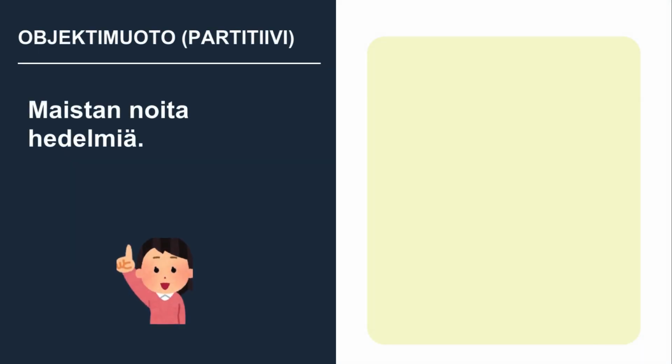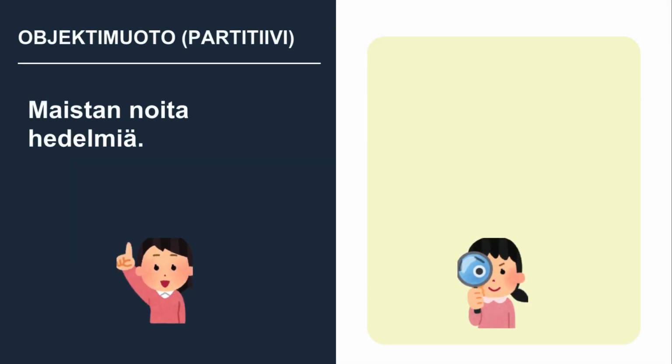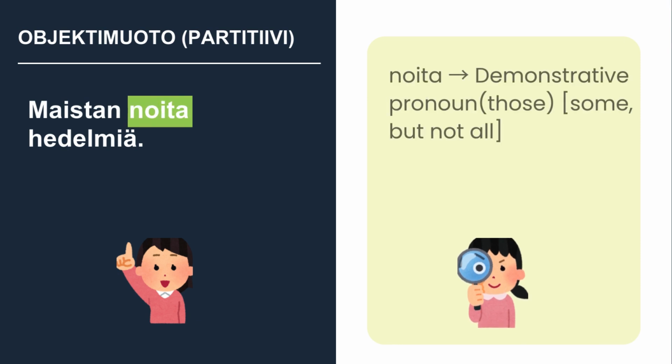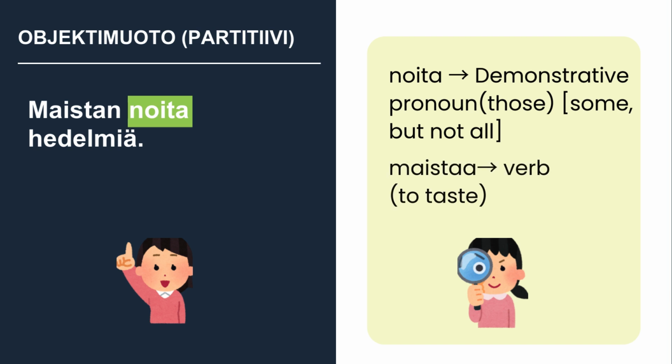Maistan noita hedelmiä. Here, noita is a demonstrative pronoun which means those. Maistan comes from the verb maistaa. It means to taste. Hedelmä means fruit. Maistan noita hedelmiä.